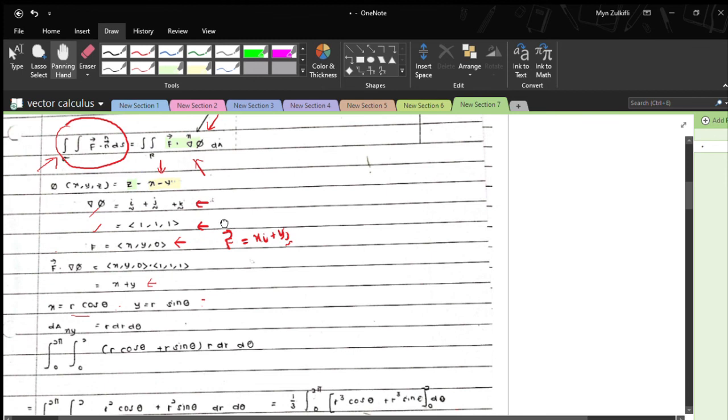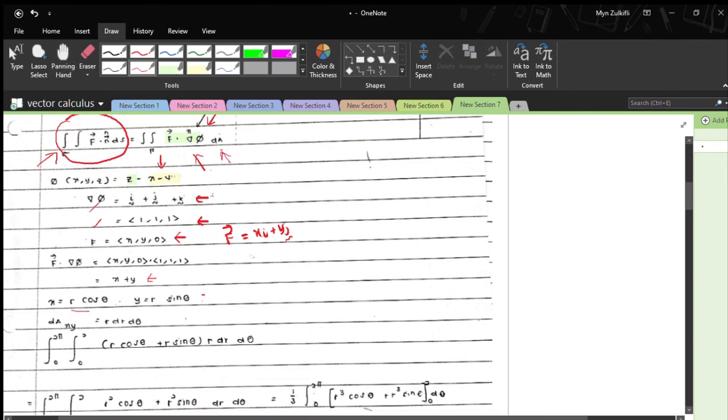If we rewrite this one, we will get this one. So this one will be r cos theta plus r sin theta, and dA will be r dr d theta. Since we integrate with respect to dr first, this is the range for r and this is the range for theta.